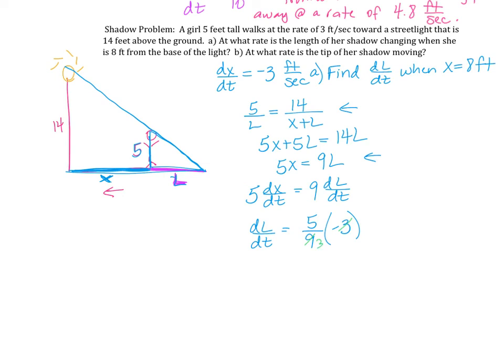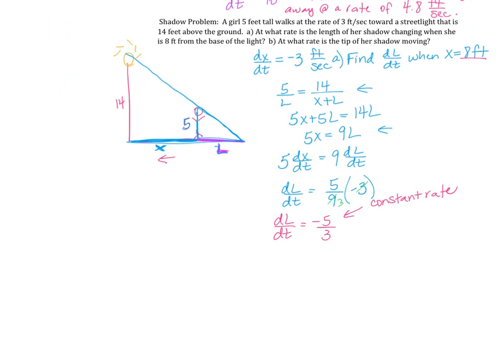Now what's weird about this one compared to any problem we have done is that you go, man, I didn't even use that. What does that mean? That means that this number is actually a constant rate. It doesn't matter where you are, as you are walking, the length of the shadow is decreasing at that rate.